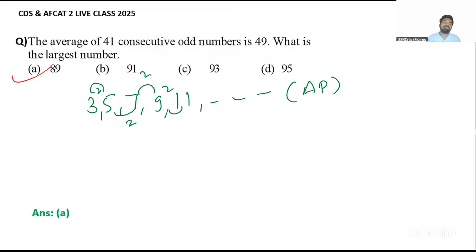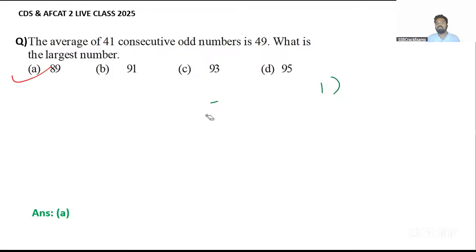So when the sequence is an AP, we can start with the formulas of AP. Say I have an AP: 2, then 4, then 6, and so on. If I want to find the nth term, suppose the 10th, 100th, or 1000th term, you are not going to write every term in the sequence.